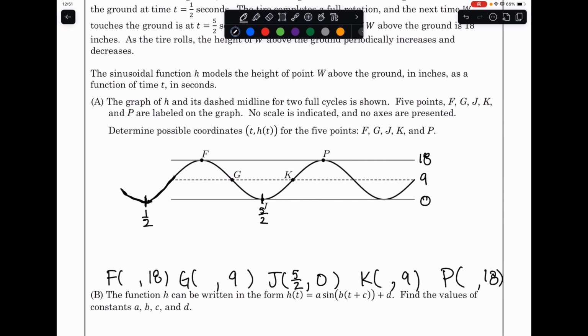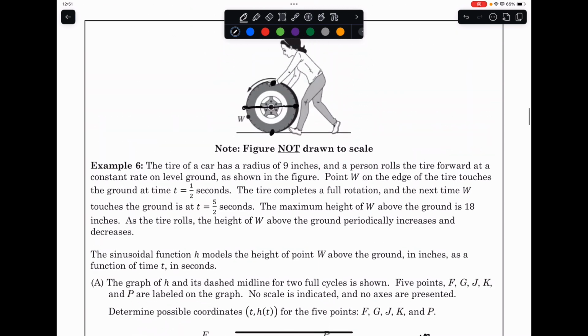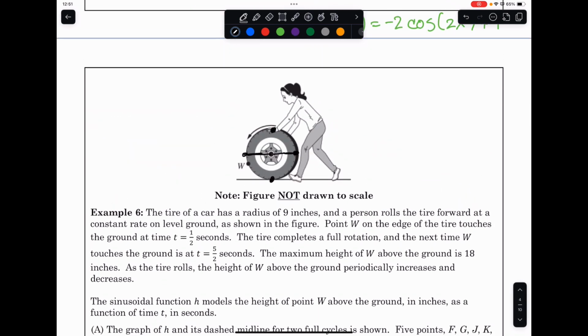Now to figure out what the increments are going to be between every quarter turn, I'm simply going to look at the period and divide that by 4. So our period here would be 5/2 minus 1/2, which is equal to 4/2, which is 2.